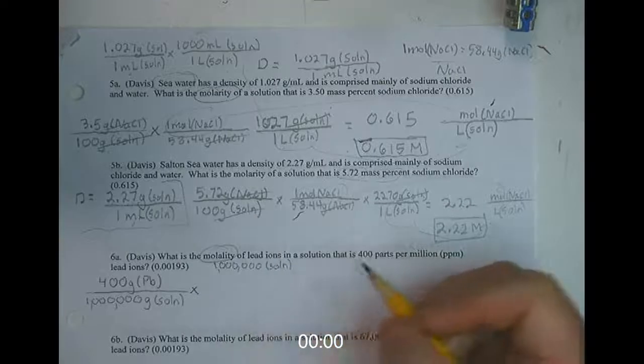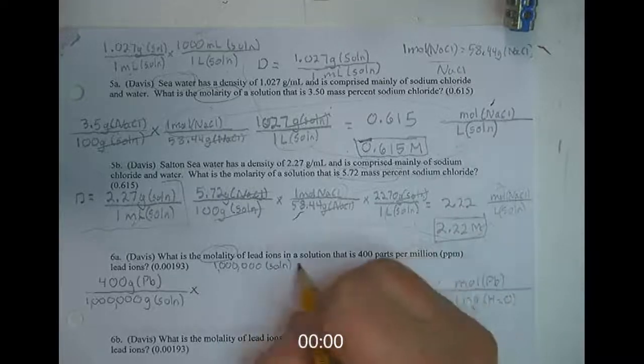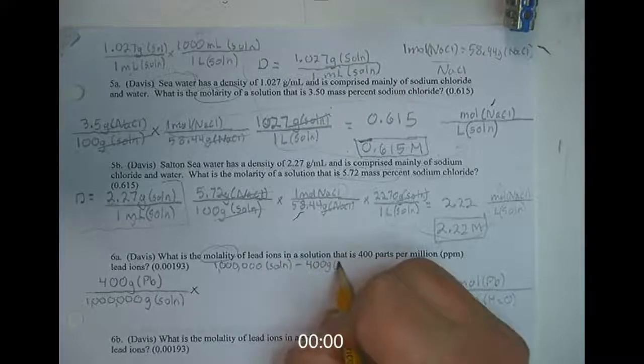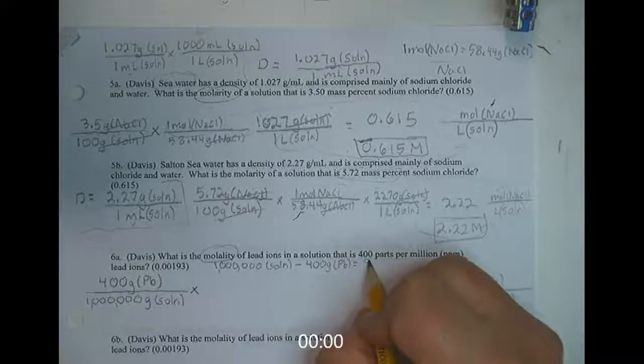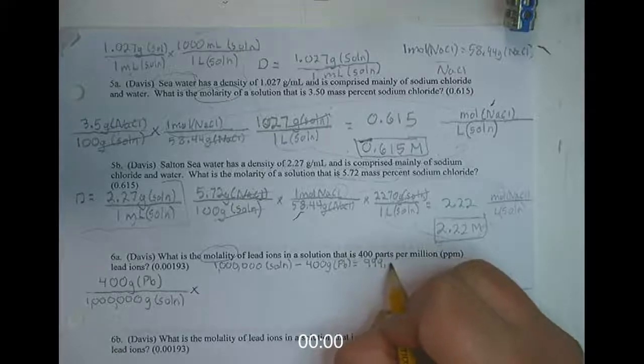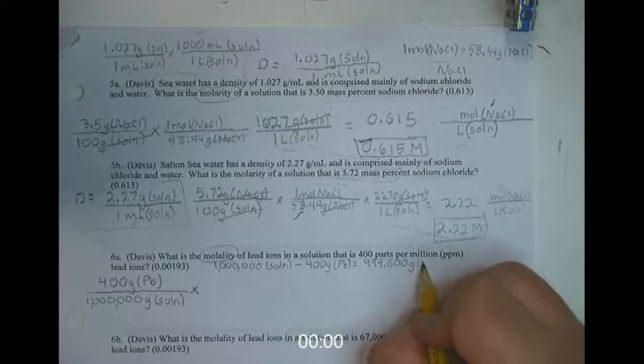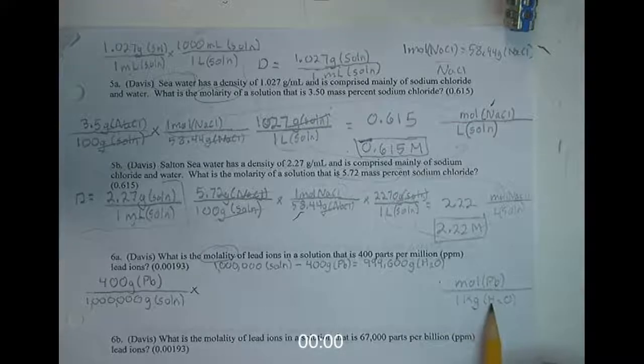So if you want to know how many grams of water you have, H2O, you subtract. 1 million minus 400 grams of Pb will give us 999,600 grams of H2O. So that's the grams of our solvent, which is what we want at the end.